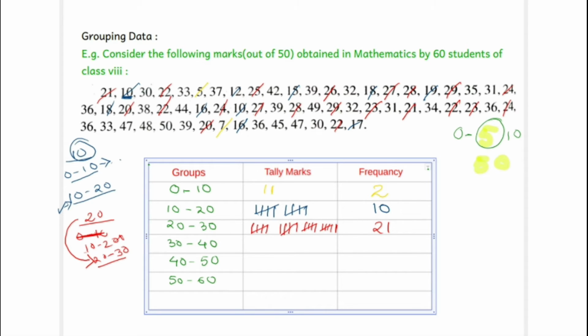See, the first number is 30 only. So the 30 will belong to the higher class, that means 30 to 40.